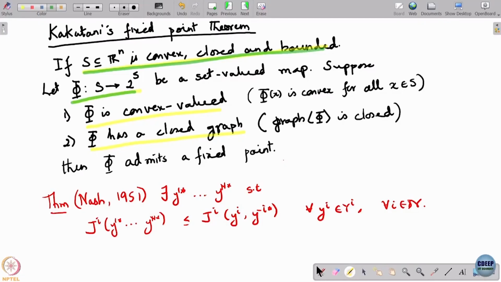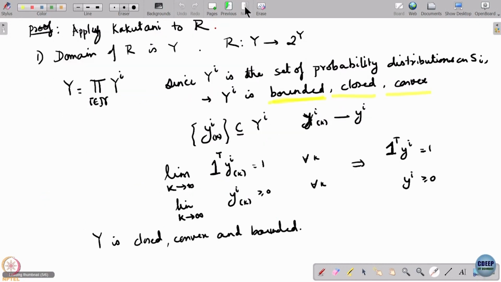Now, let us go to the next one. We need to ask, is the set valued map R convex valued? How did we show convexity?